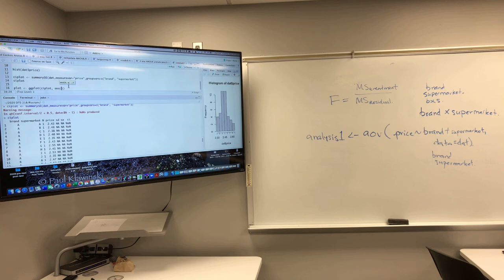The aesthetics would be x equals supermarket, y equals price, and we will color these by the brand, and we will plot these as points.